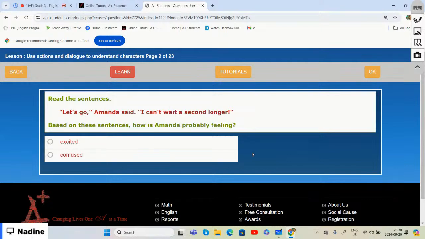And now with this one, "Let's go," Amanda said. "I can't wait a second longer." Does this mean that she's excited, option one, or she's confused, option two?